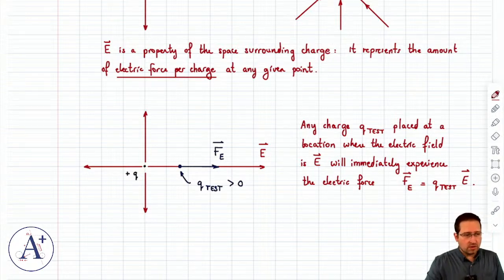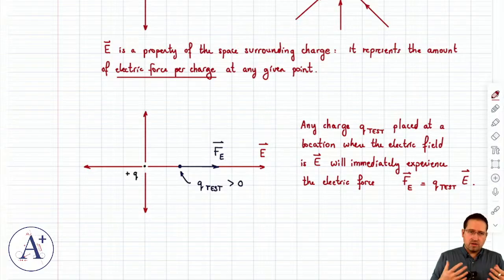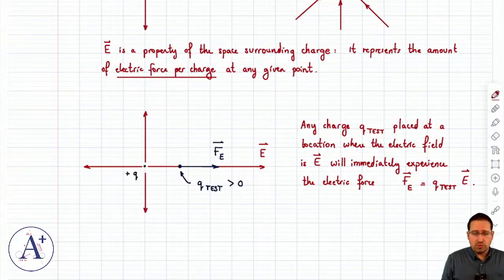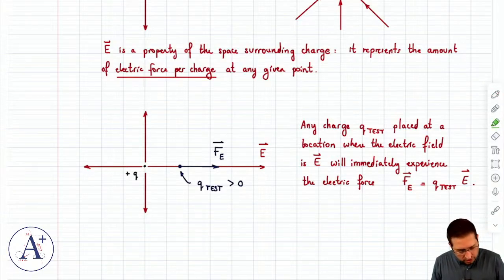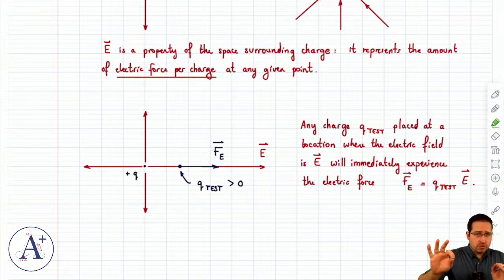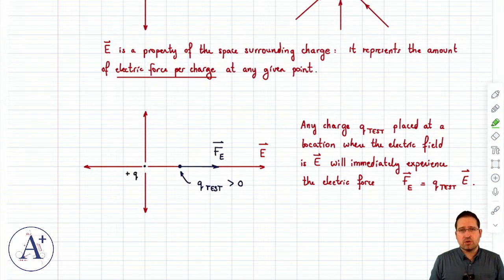Okay? And so we're going to come back to that because we need to talk about this electric force thing. But the idea is that we've never seen electric fields in real life. We never will. It's kind of weird to understand what it represents. But you can either memorize that it represents force per charge at any given point, or you can say, well, if there is an electric field in the region surrounding plus Q, then if I place another charge in that region, it will immediately experience an electric force, Q test times the electric field at that point.